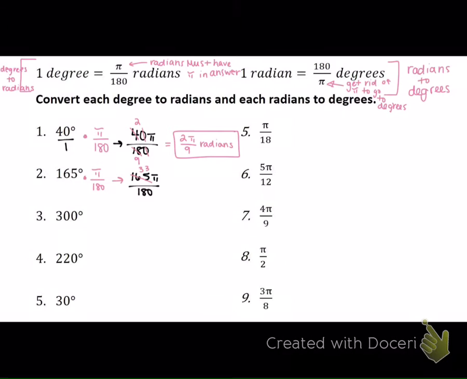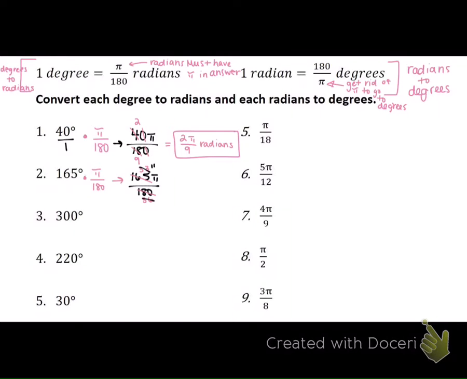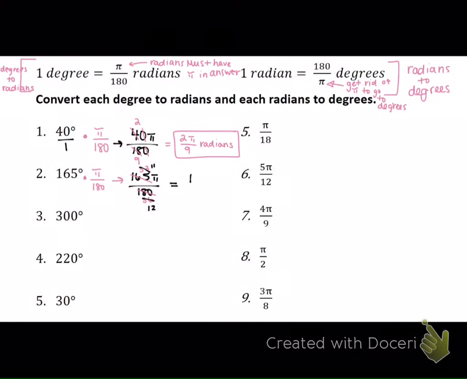We divide 180 by 5 and we get, guys, this is why I told you to grab a calculator. 36. Does anything go into both 33 and 36? 3, okay. 33 divided by 3 is 11, and 36 divided by 3 is 12. So this becomes 11 pi over 12 radians. And I'm just going to put rads.